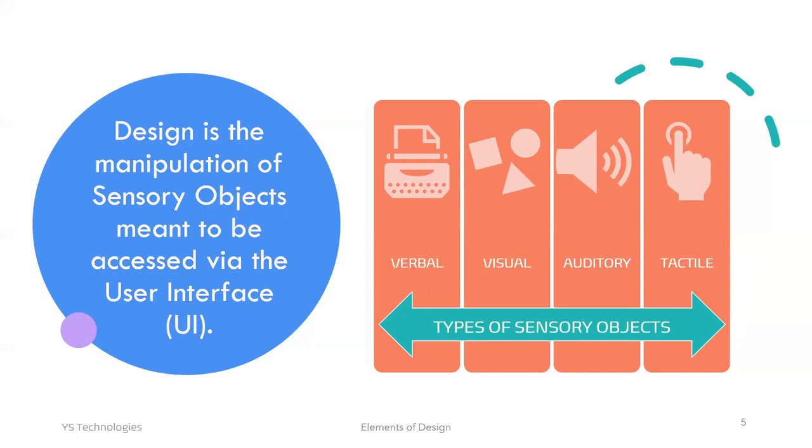Now, if it is a real product in front of you, we have the sense of touch involved. Now, this could be subtle as well in the case of, say, a mobile app, or if you're accessing a website using a tablet or a mobile device, then that device can respond by vibrating when you touch certain areas or when you perform certain actions. So you can get a sort of feedback from it in that way.